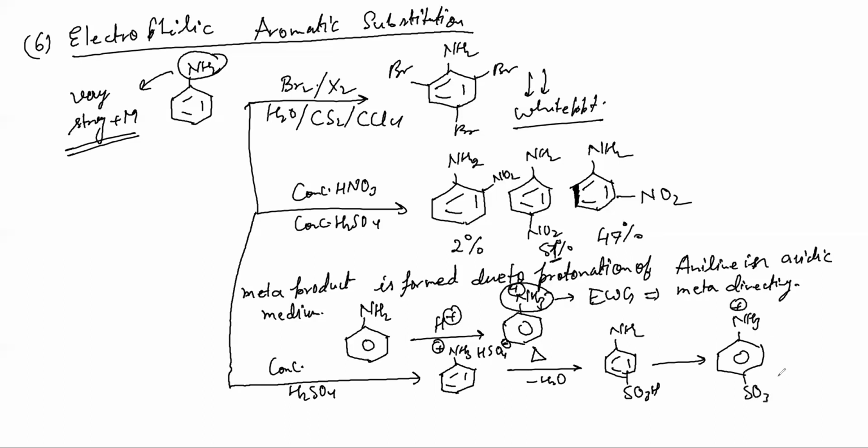How is it happening? See, this is your acidic group and this is your basic group. So the basic group accepts H plus from the acidic group. This is what we call zwitterion. Zwitterion means you can see positive, negative differently, but it is neutral. We call it zwitterion.